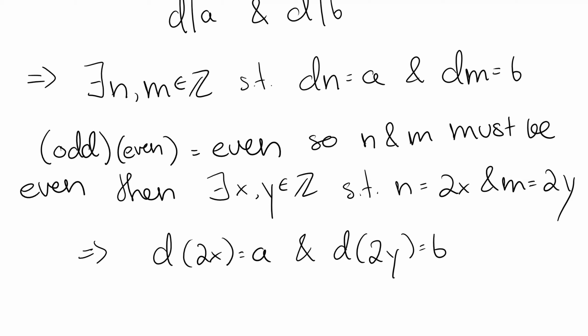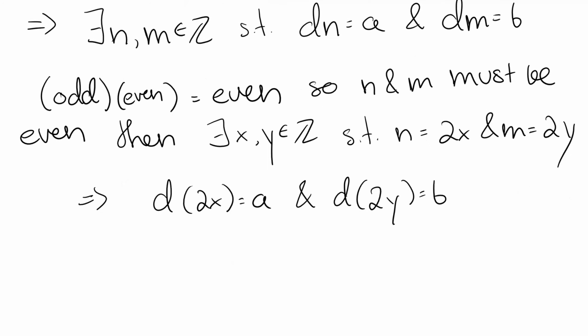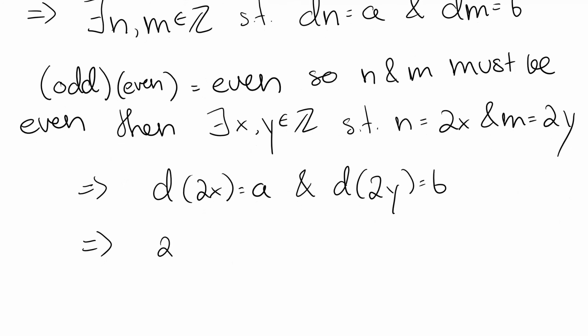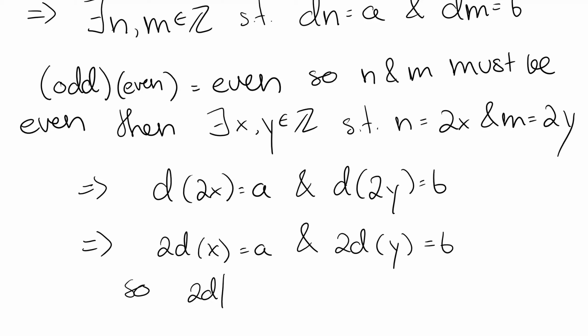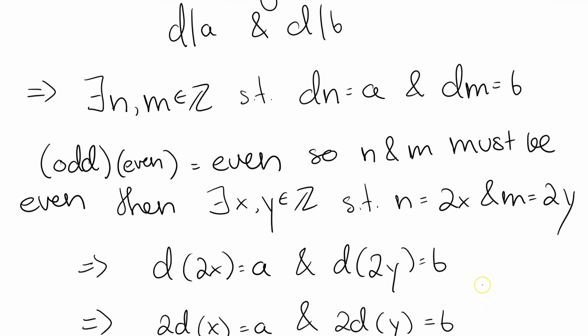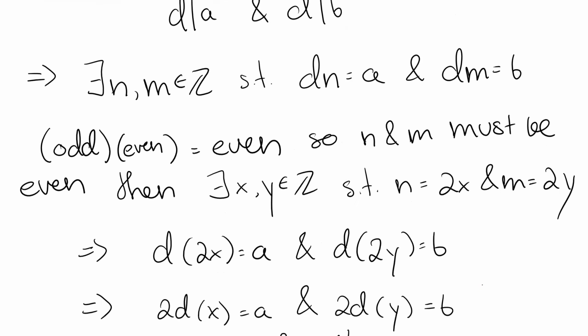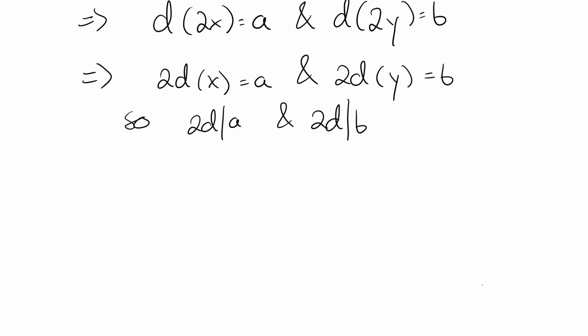All right, well, why is this a problem? This is a problem because 2D divides A and 2D divides B. How crazy is that? And so why is this a problem? Well, we claimed that D was our greatest common divisor, but we just found one that's bigger because remember, D is positive, is not 0 or negative.